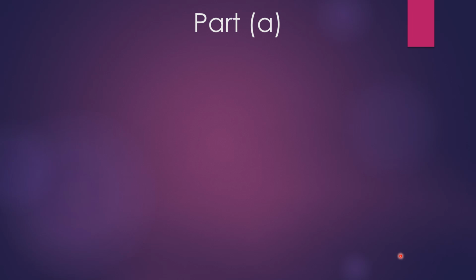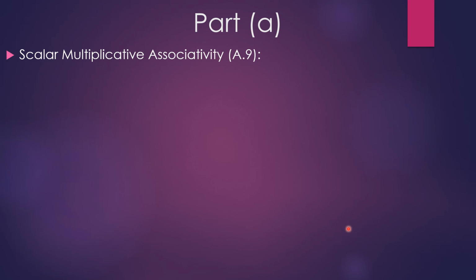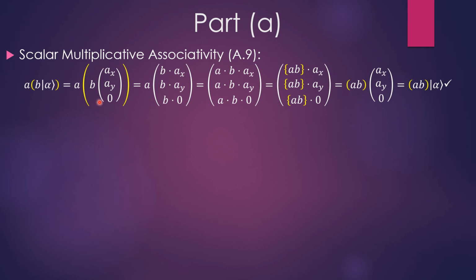All right, home stretch here. So we still have to see if the scalar multiplication is associative, and I think you can see what's going to happen here and why it happens so fast. So much like we had with the addition being associative, doesn't matter if I multiply b to alpha first and then multiply by a or not. So if we go ahead and put our orange or yellow parentheses here, I know that I could focus on b and alpha in component form, distribute that in, component, component, component.